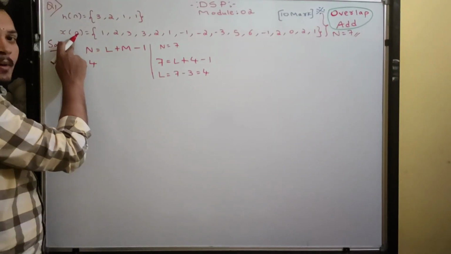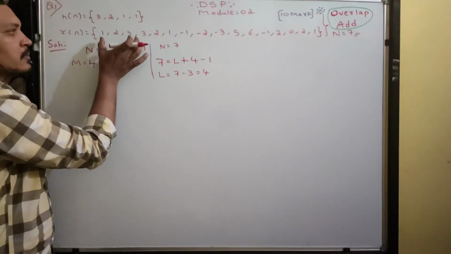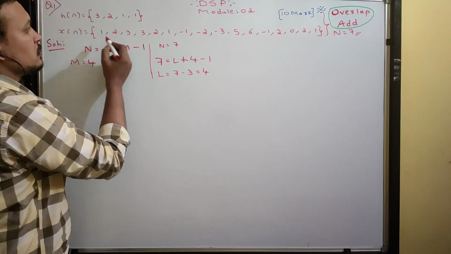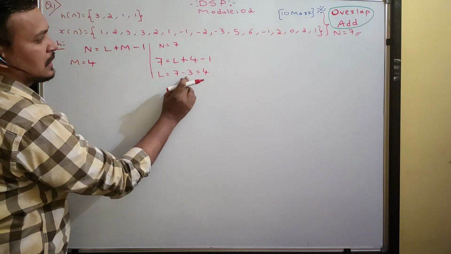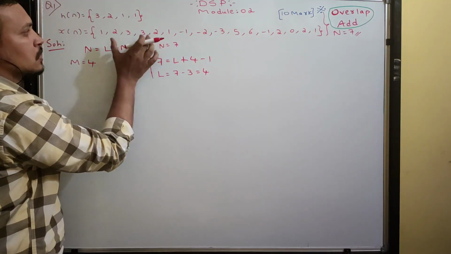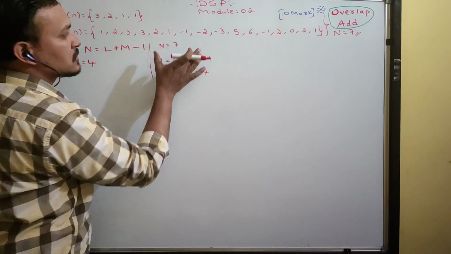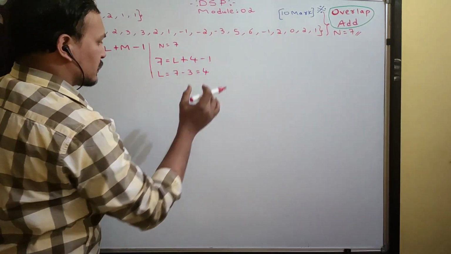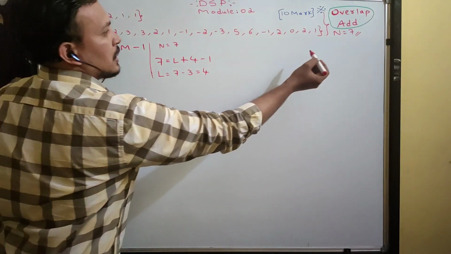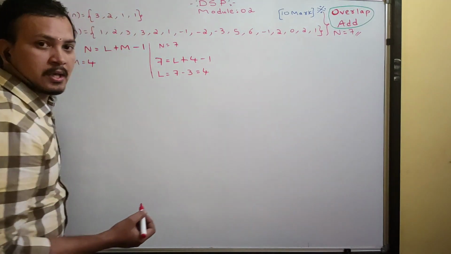In this overall input x of n, we are making sub inputs: 1, 2, 3, 3. Totally L equals 4 samples. That is one input. Next, another 4 samples is another input. But they specified that the length of the data block is 7.